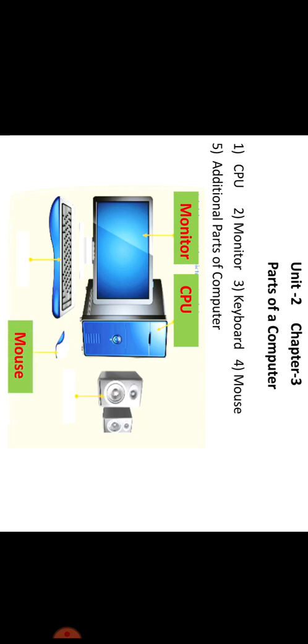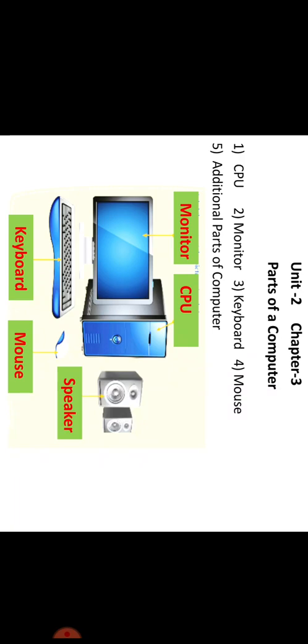Next is mouse. This is called a mouse, a small mouse. This mouse helps to draw the picture, correct? The next is keyboard. And the next is speaker. So these are the parts of computer.